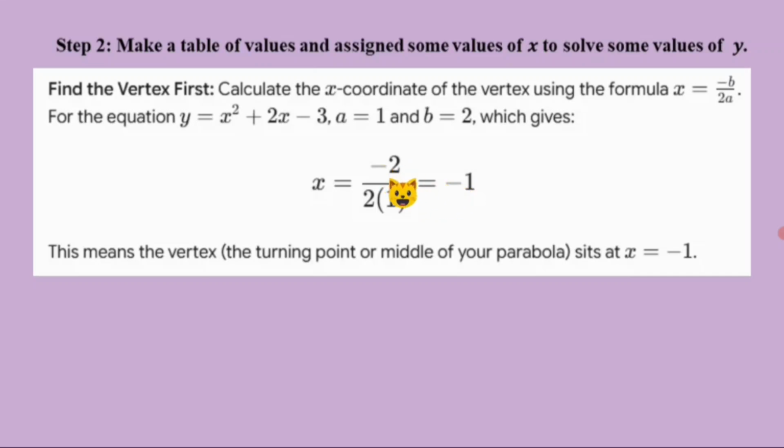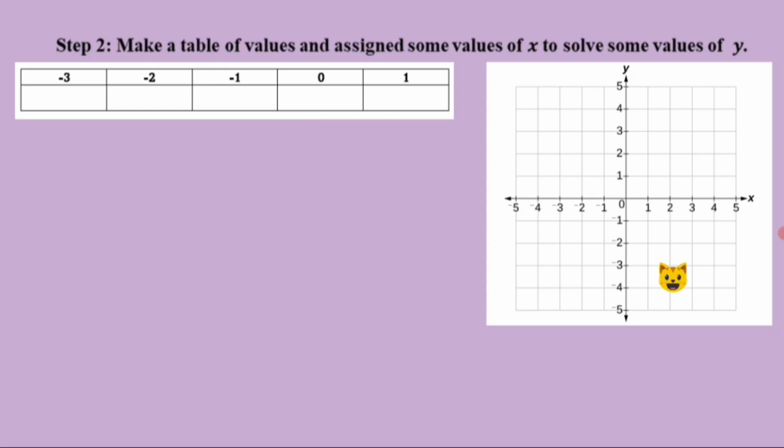Kasi negative 2 divided by 2 equals negative 1. This means that the vertex or yung turning point ng ating parabola or yung middle kung saan siya liliko ay yung negative 1.